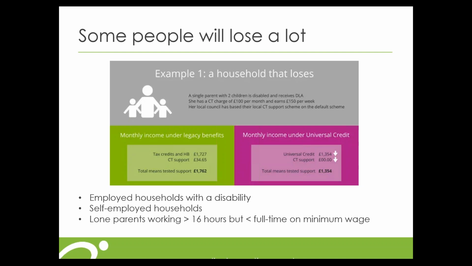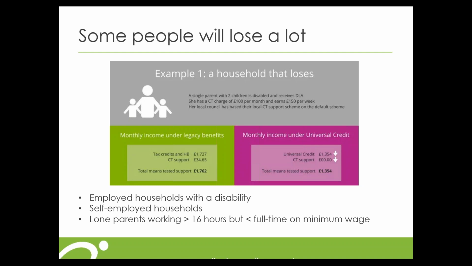Then they go worse off as they approach 30 hours. They're better off, and then as they just go over 30 hours and you lose the additional element of tax credits, they're worse off. And then as they move to more hours, they're better off. So for lone parents, the impact will be very much based on the number of children, the number of hours they're working, and the earnings.